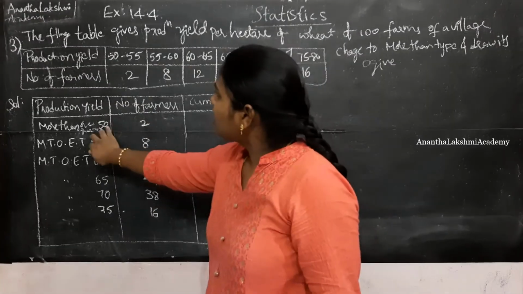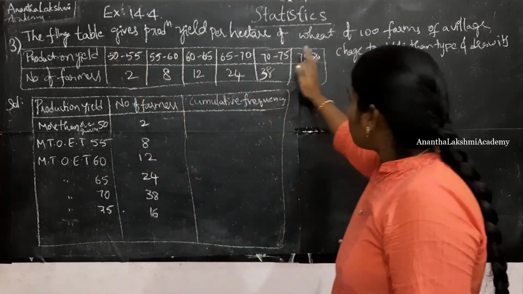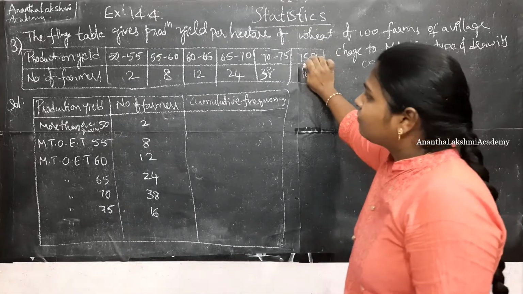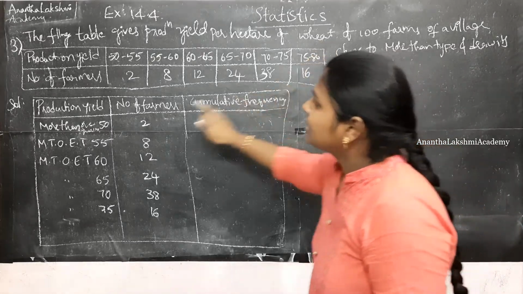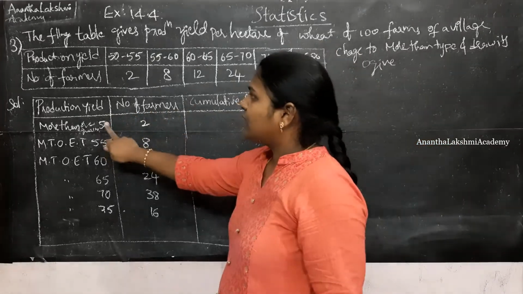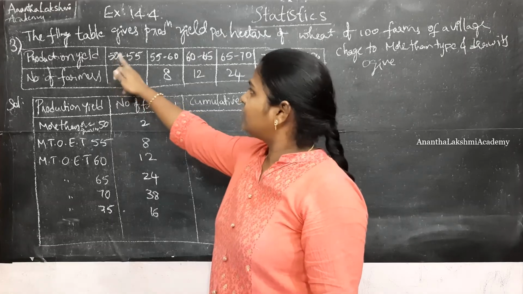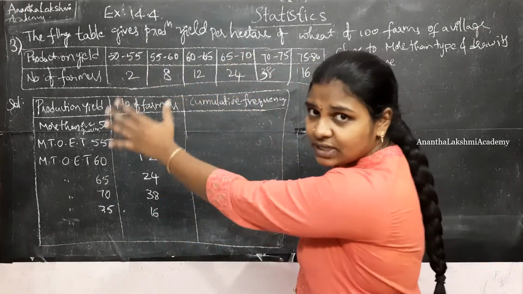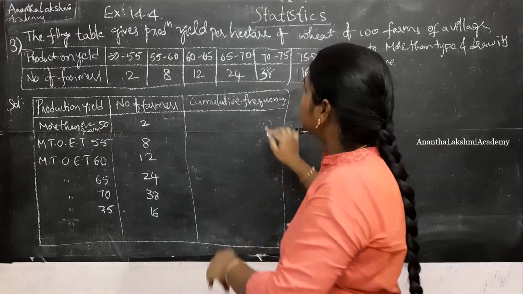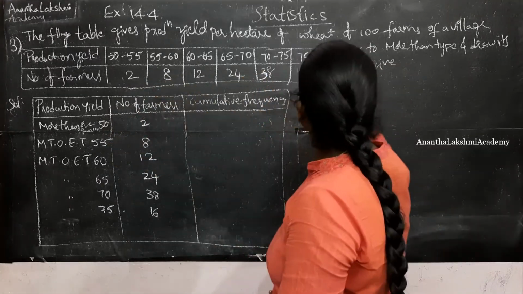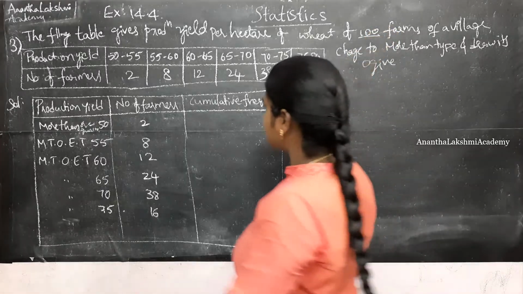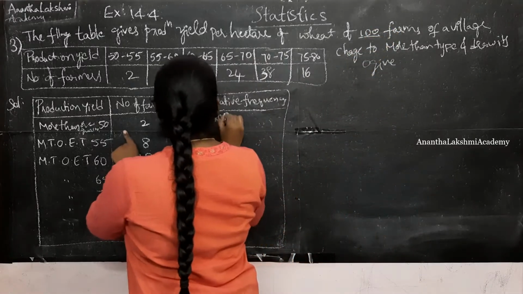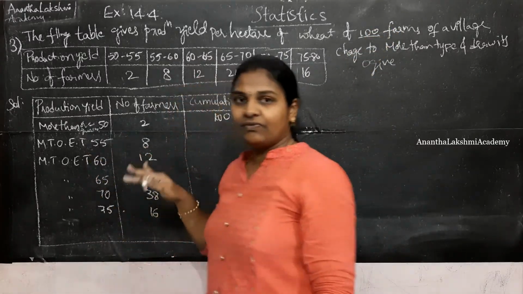So more than or equal to 50 is the sum of all these farmers together, right? For more than or equal to 50, 50 to 55, 55 to 60, all of these are going to come into the picture. So the summation of all this is nothing but 100, which is given to us. All right. Now, more than or equal to 55.